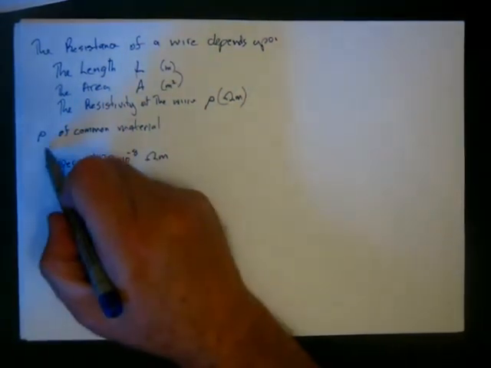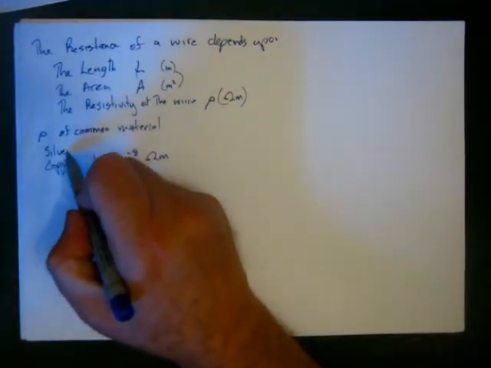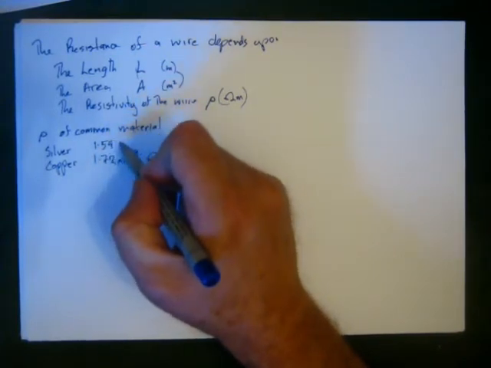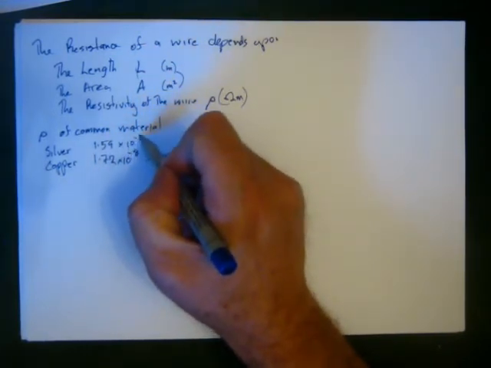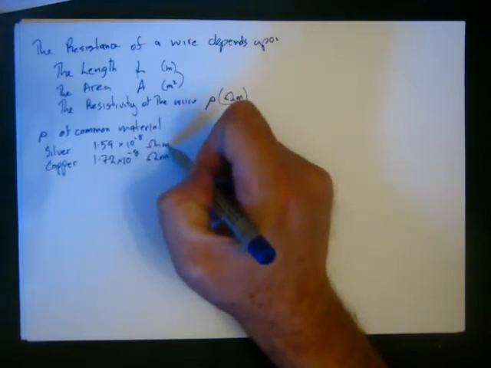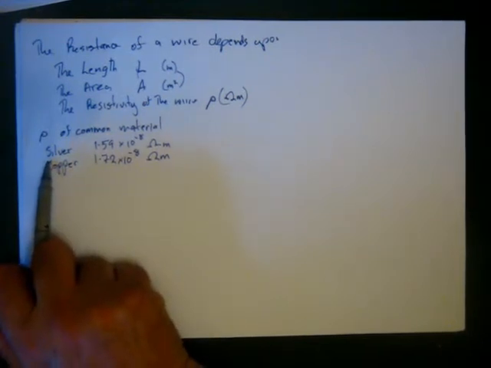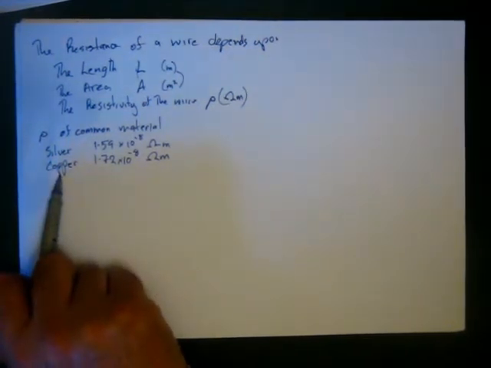Silver is actually a better conductor. That's because it's got a resistivity of 1.5 times 10 to the negative 8. So it's actually got lower resistance for a particular amount of stuff. What else have we got? So why don't we use silver all the time? Because it's actually cheaper to use copper.